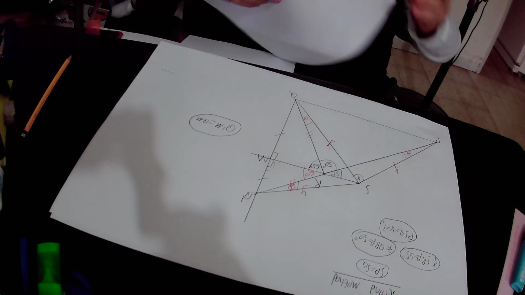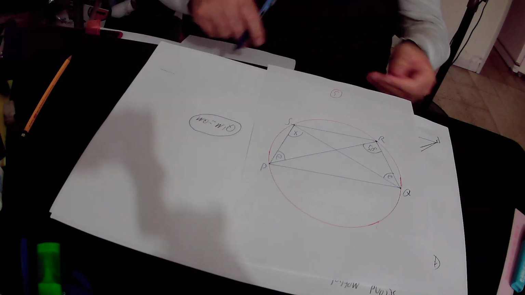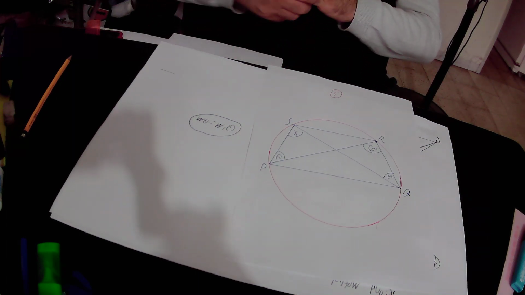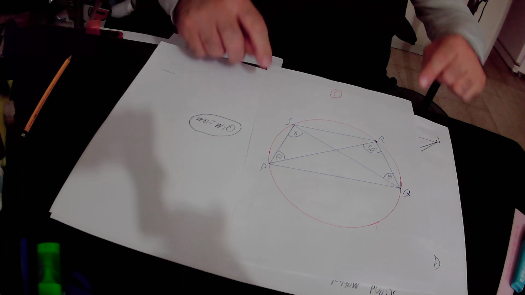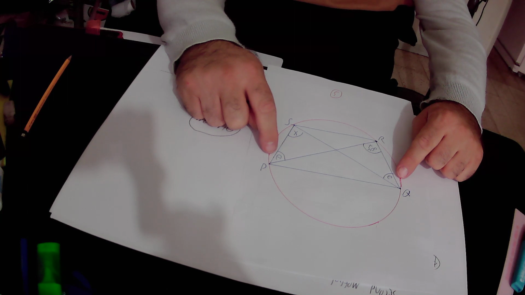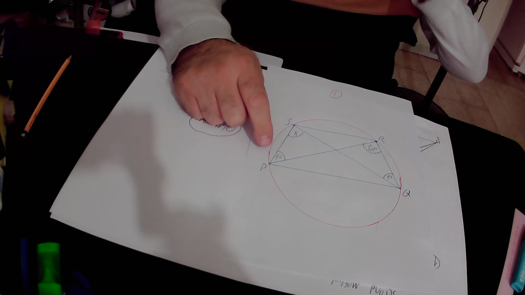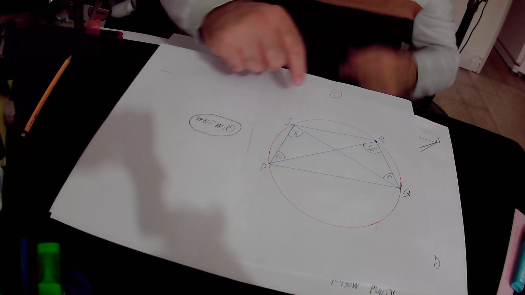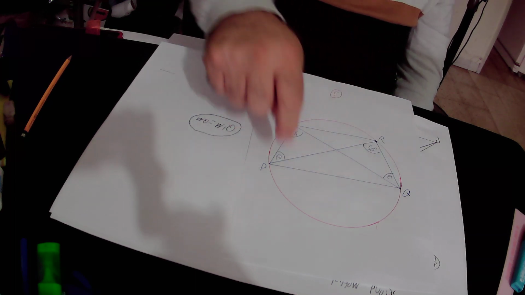I will repeat rule number 1 again. If you have two equal angles that subtend on the same segment line, then you can put the 4 points S, R, P and Q on a circle.